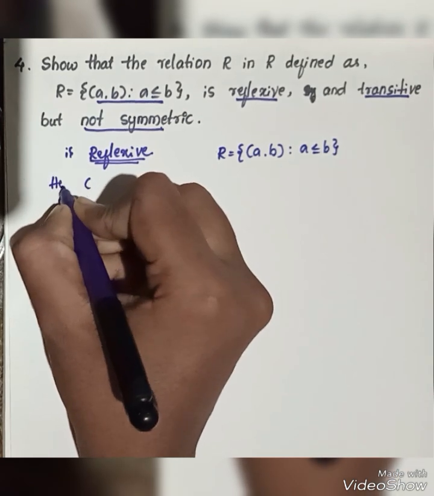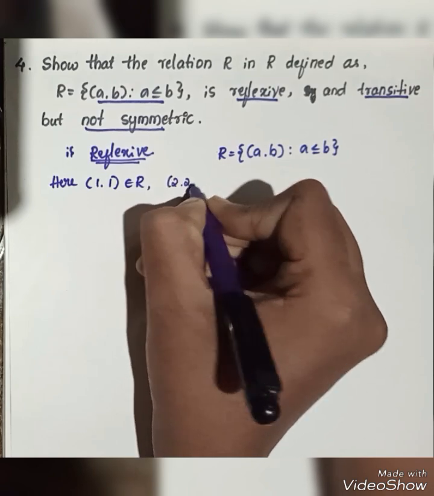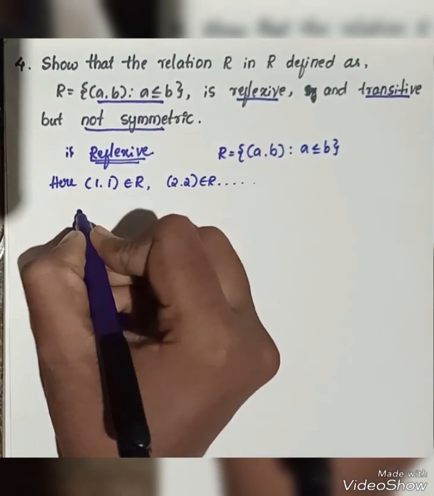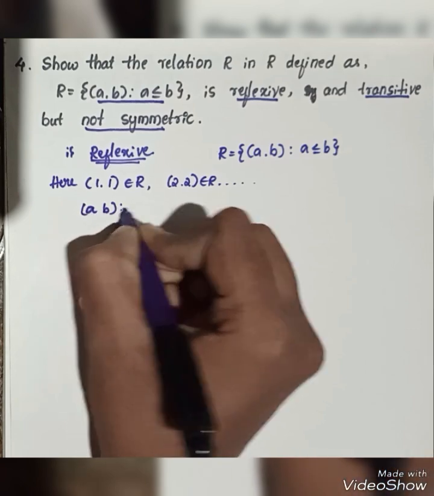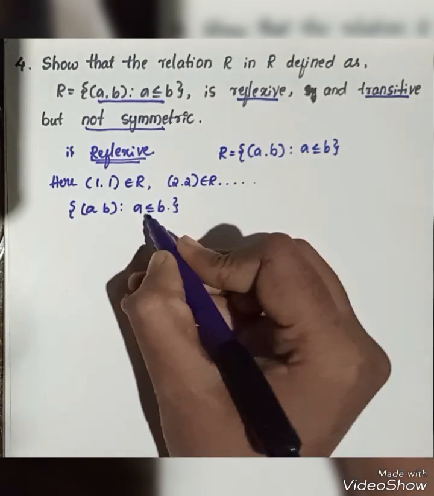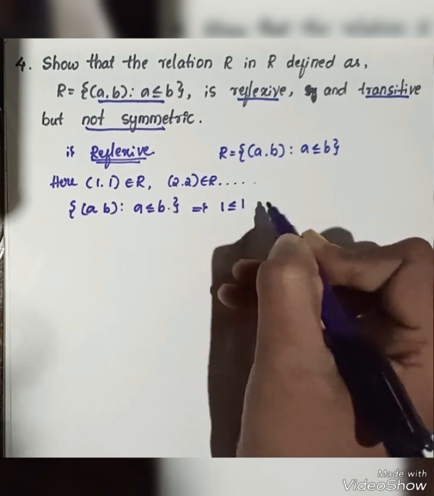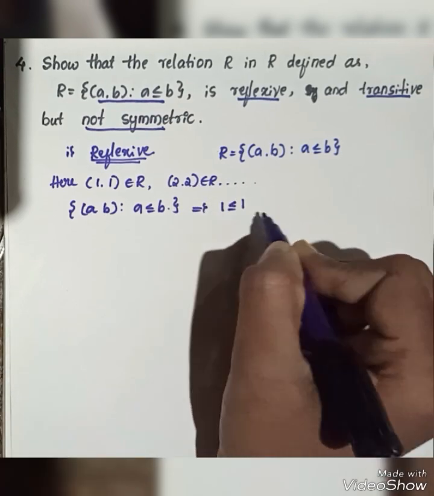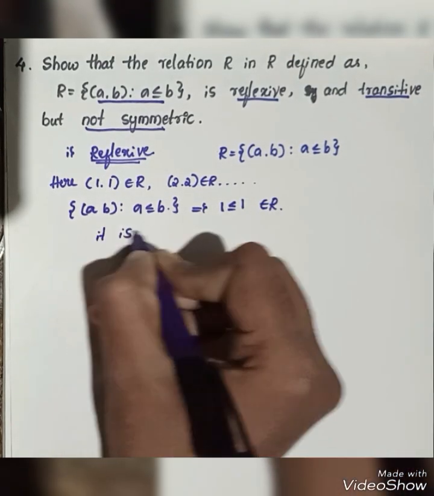Here (1, 1) belongs to R, (2, 2) belongs to R, and so on for any number, because of the condition a is less than or equal to b. Here a value becomes 1, then b value becomes 1. 1 is always equal to 1, 2 is always equal to 2, 3 is always equal to 3, and so on, which belongs to R. It is reflexive.